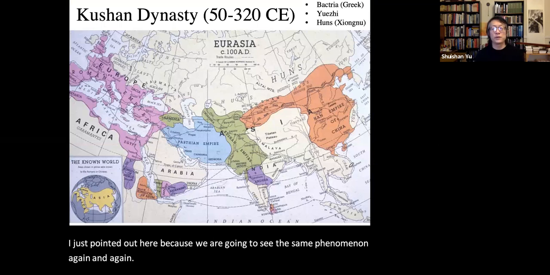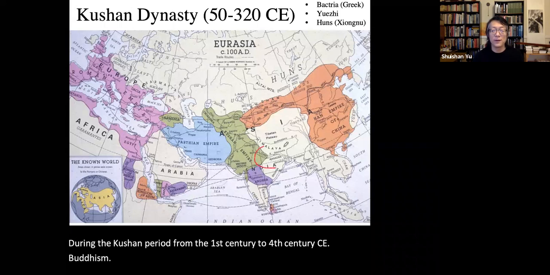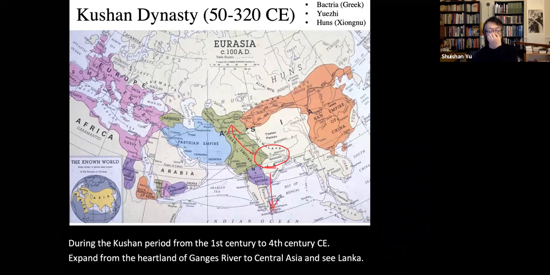During the Kushan period, from the 1st century to the 4th century CE, Buddhism expanded from the heartland of the Ganges River to Central Asia and Sri Lanka. It's during this period.